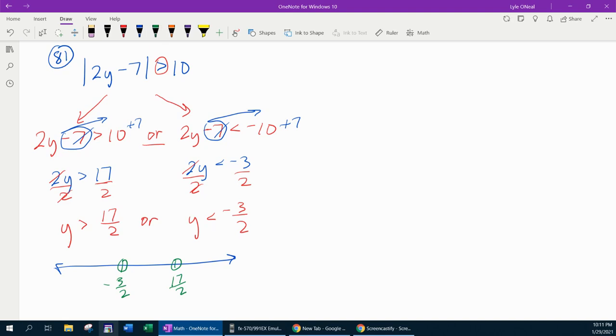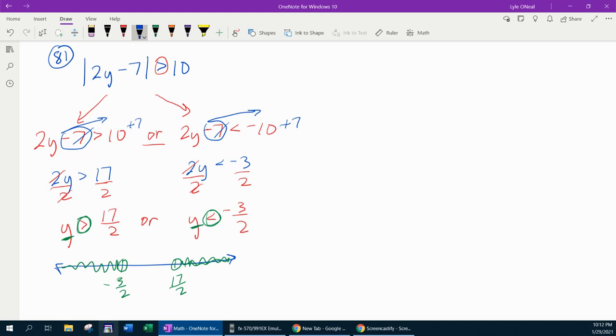And let's talk about the shading. Remember, if the letters on the left shade the way the arrow points, so from 17 halves, we're going to shade to the right. If the letters on the left shade the way the arrow points, -3 halves is going to shade to the left. And there is the shading done.